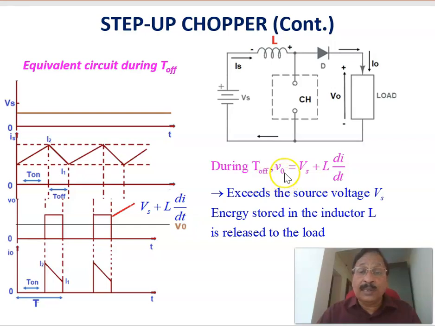And during the off period, the voltage across the load V0 is the sum of the voltage Vs and the voltage drop across the inductor, L di by dt.